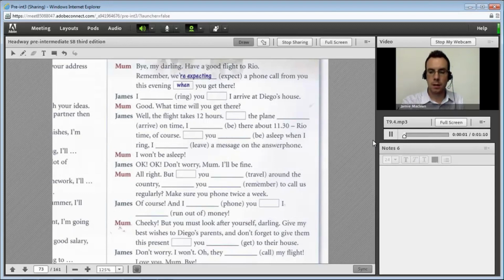Tape script 9.4. Bye, my darling. Have a good flight to Rio. Remember, we're expecting a phone call from you this evening when you get there. I'll ring you as soon as I arrive at Diego's house. Good. What time will you get there? Well, the flight takes 12 hours. If the plane arrives on time, I'll be there about 11:30. Rio time, of course. If you're asleep when I ring, I'll leave a message on the answer phone. I won't be asleep. Okay.